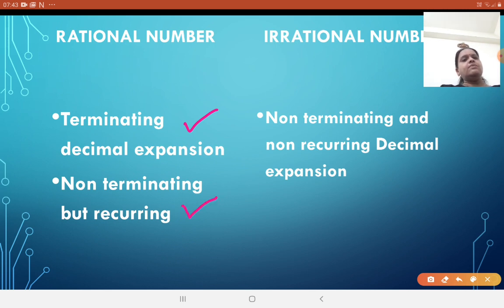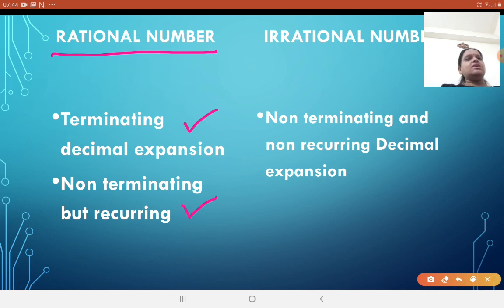Similarly, non-terminating but recurring. If you get a recurring number, you do not get the remainder 0, but a number or group of numbers repeats again and again, for example 0.777, 0.292929 and so on. These numbers are non-terminating but recurring, and they also come under rational numbers.